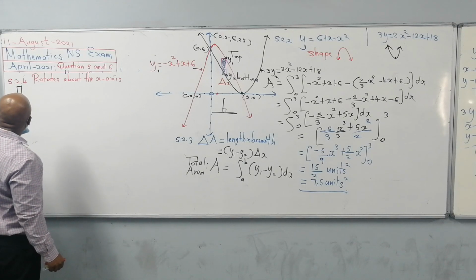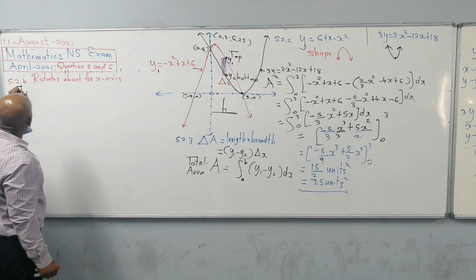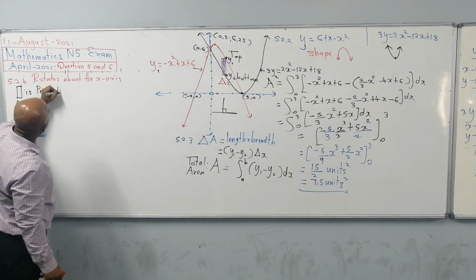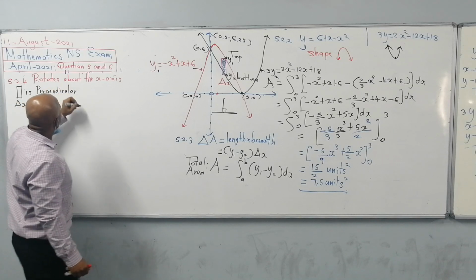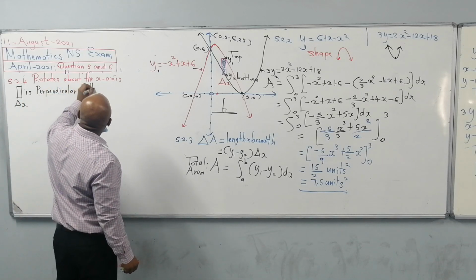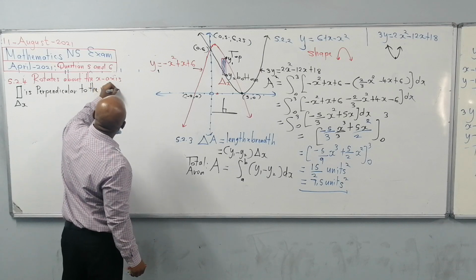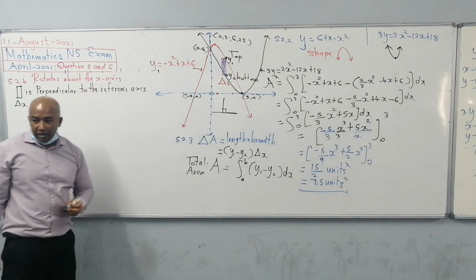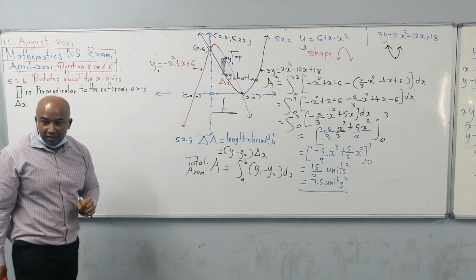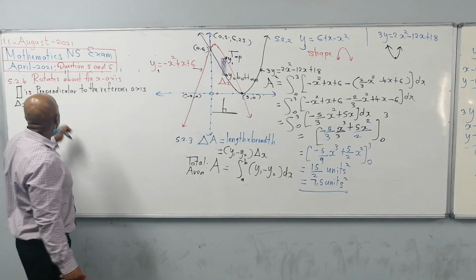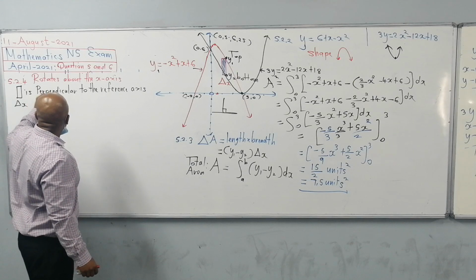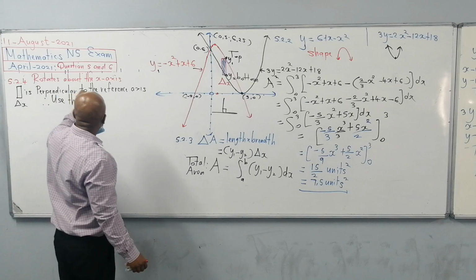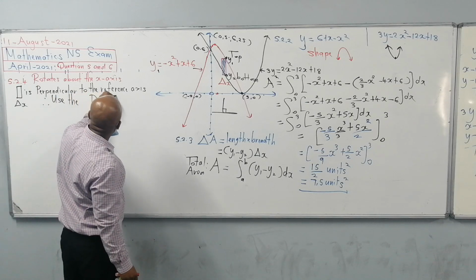So we know this representative rectangle is perpendicular to the reference axis. Perpendicular, and that is the reason why we use the disk method. So therefore, we will be using the disk method.